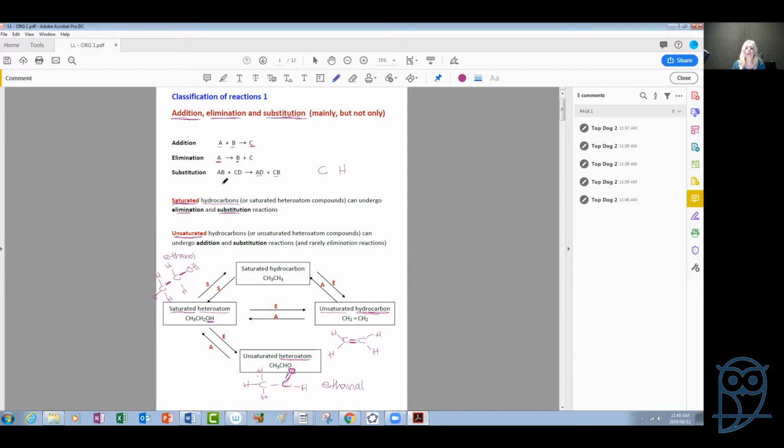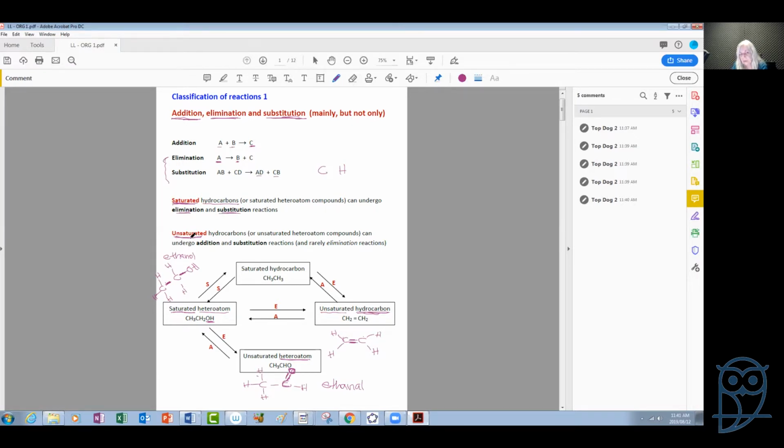Why not addition? Because they're saturated. Each carbon is bonded with 4 other items. There is no space for anything extra to be added, so they do not undergo addition reactions. But they can undergo elimination and substitution. So these are reactions that we meet in saturated hydrocarbons or heteroatom compounds.